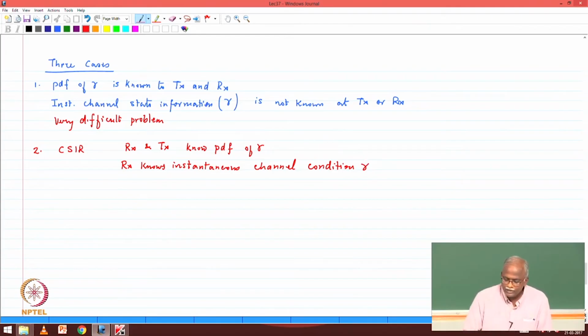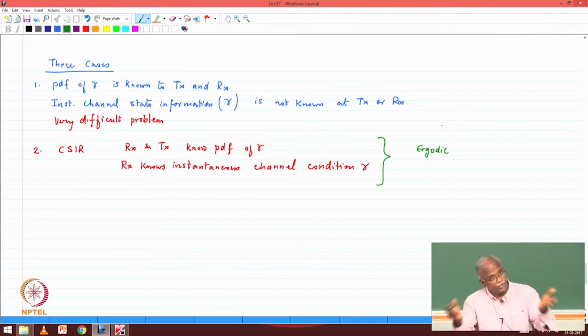Now, this turns out to be a very, very interesting situation, because under these assumptions you can ask the following to be computed. One is ergodic capacity. You know the SNR, you know the distribution of the SNR, so therefore you know what the ergodic capacity is, and you should be able to try to design systems that will try to achieve it.